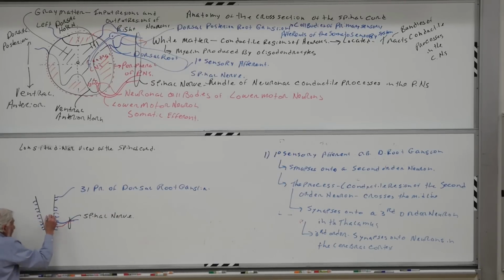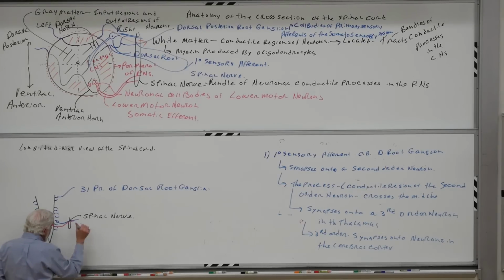So let's heal this spinal cord. Let's follow this neuron. Again, let's put it back into the context of the quadriceps muscle. So this will be a sensory neuron with its input region in the quadriceps, just like we had before I erased it.